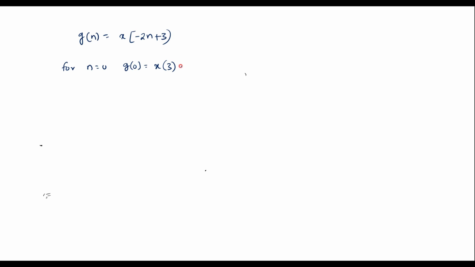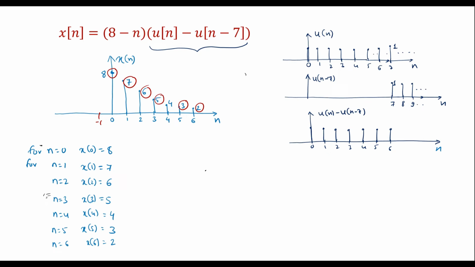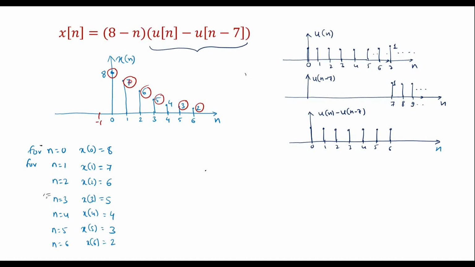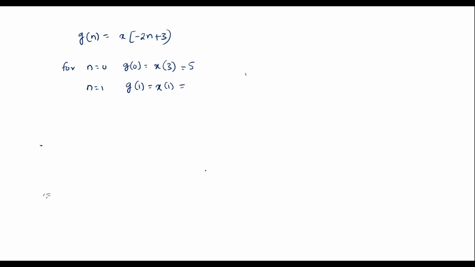The value of x of 3 here is 5. So write 5 here. Similarly, for n is equal to 1, g of 1 is equal to, if we substitute 1, minus 2 plus 3, that is x of 1. So the x of 1 value is 7. I can write 7 here.